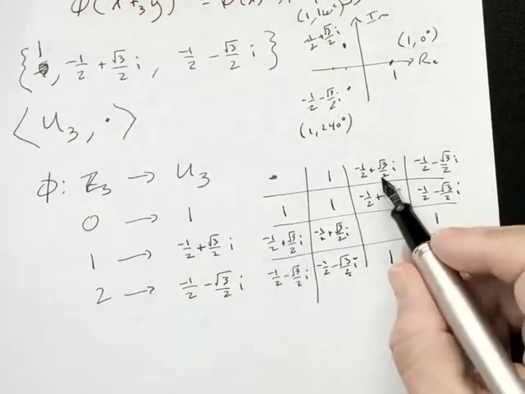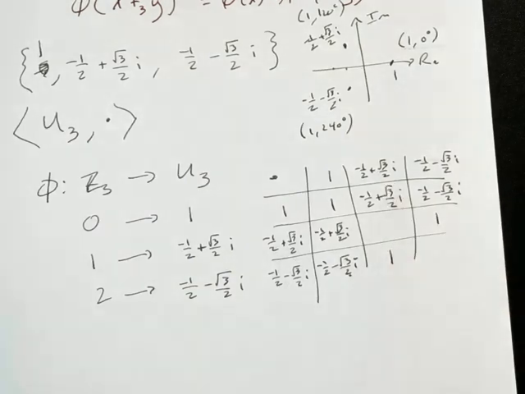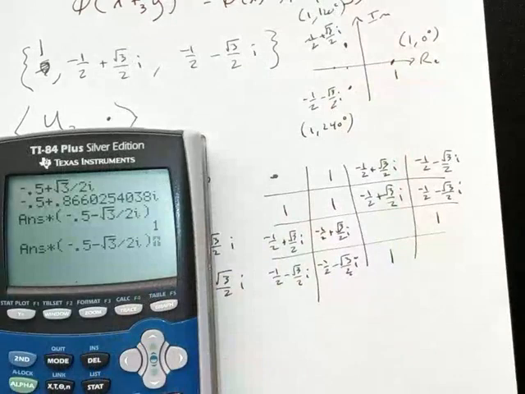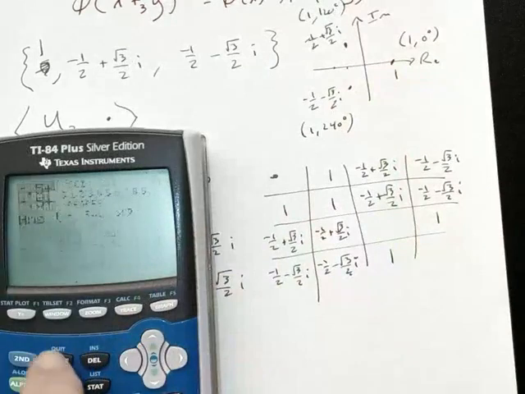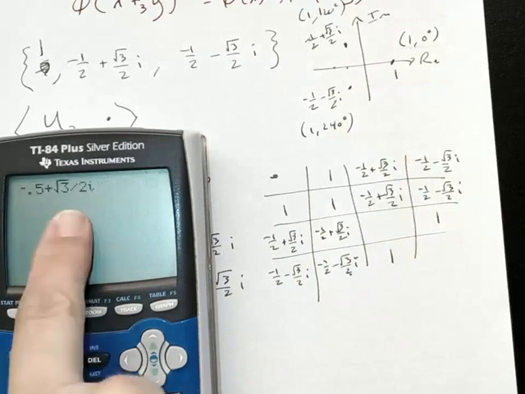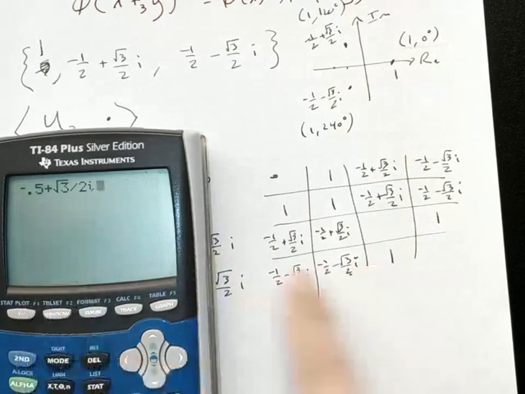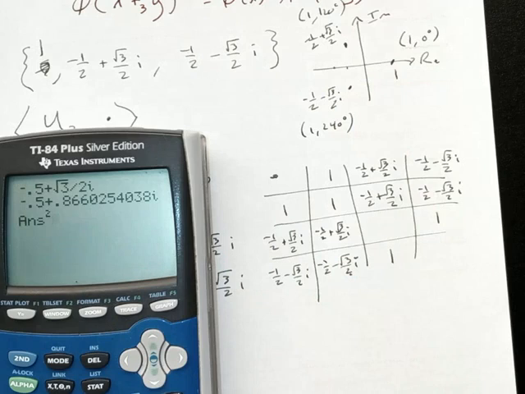If I multiply this one by itself, so there's the top number, right? That's this one. Let's square that.